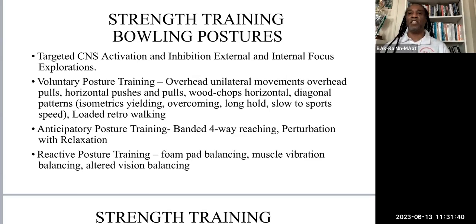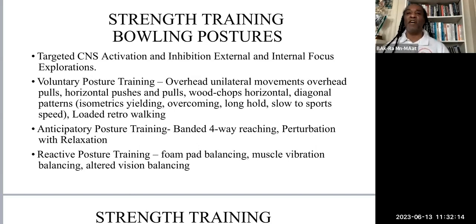But what's interesting here, I just added some ideas that are more specific to bowling, such as for the voluntary posture training, overhead unilateral movements, overhead pulls, horizontal pushes and pulls, wood chops, horizontal, diagonal patterns. And in all of these, we would use the isometrics of yielding, overcoming, long hold, slow to sports speed in the movements.